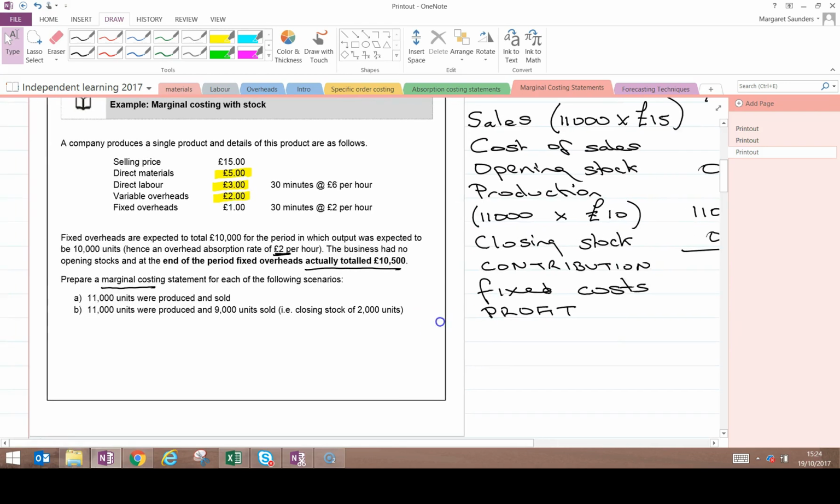Part B is asking us to prepare a marginal costing statement again, but this time with 11,000 units produced and only 9,000 sold, so we have a closing stock of 2,000 units.